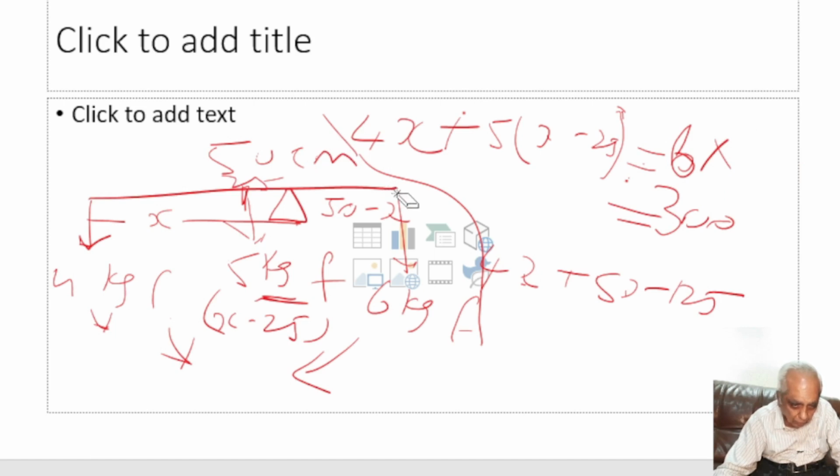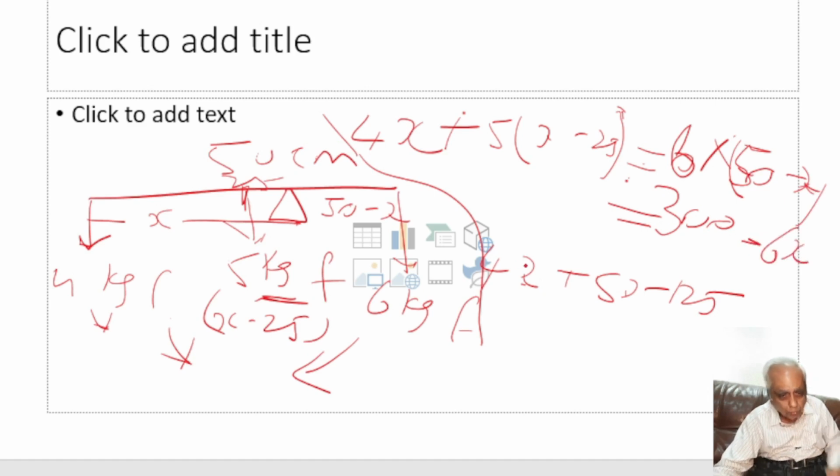The distance of this from fulcrum is 50 minus x. So 6 multiplied by (50 minus x). So this will be 300 minus 6x.